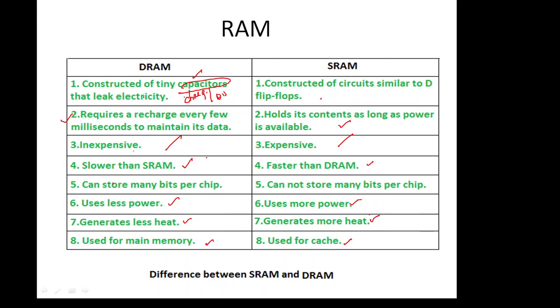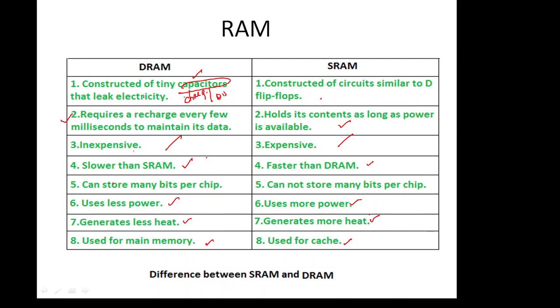The main difference between dynamic RAM and static RAM is that dynamic RAM uses capacitors, whereas static RAM uses flip-flop circuits. As dynamic RAM uses capacitors, the charge will fade, so we have to keep on recharging. Why?